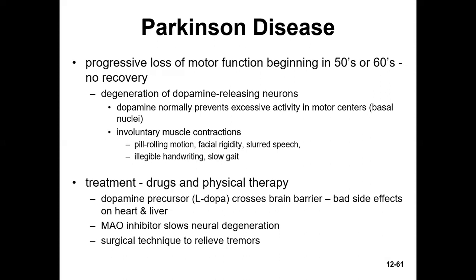Dopamine normally prevents excessive activity in motor centers or the basal nuclei in the brain. So this disease will cause involuntary muscle contractions, something that we call a pill rolling motion, facial rigidity, and slurred speech.